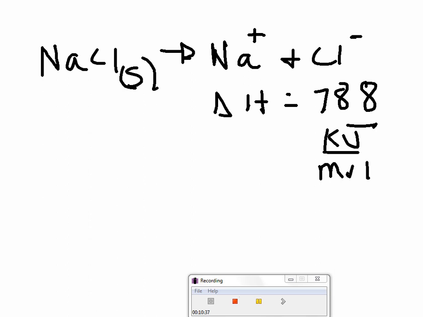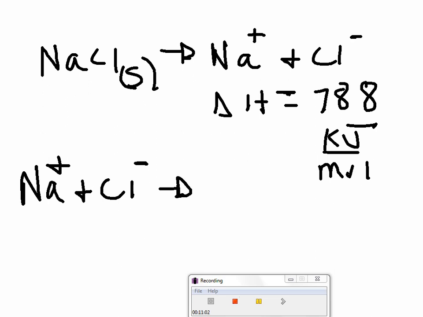Now that's still endothermic. So how in the world is this exothermic? Well, realize that this is the solid going into the ions. Lattice energy is about the energy for formation. So according to our rules of thermodynamics and Hess's law, if you reverse this reaction to take a sodium ion with a chloride ion to make the solid, NaCl, the value of delta H is the same numerically but opposite in sign.